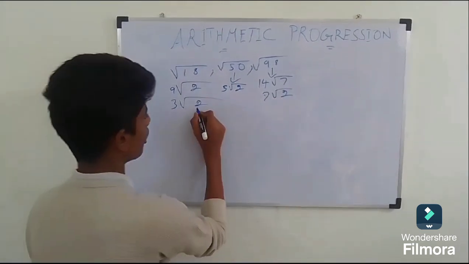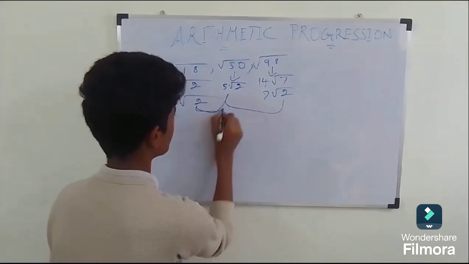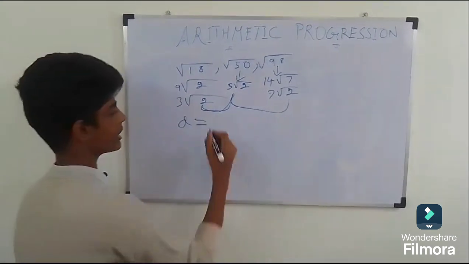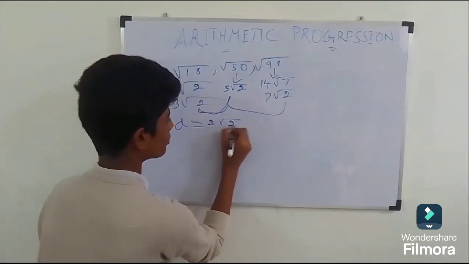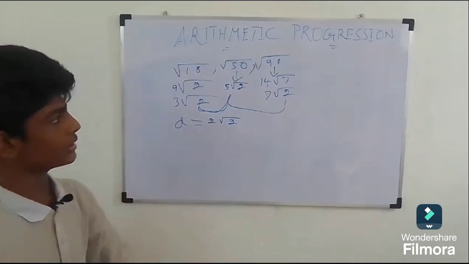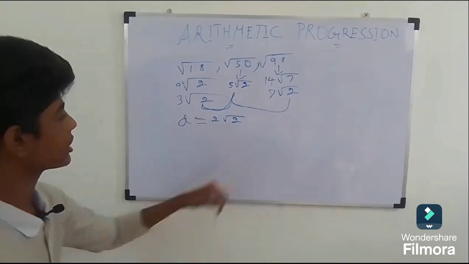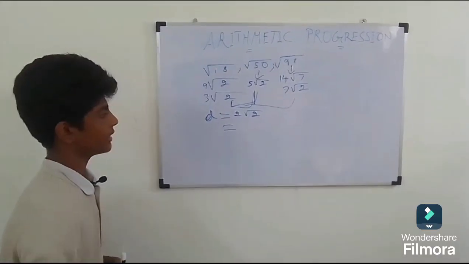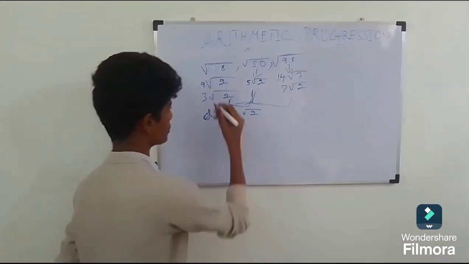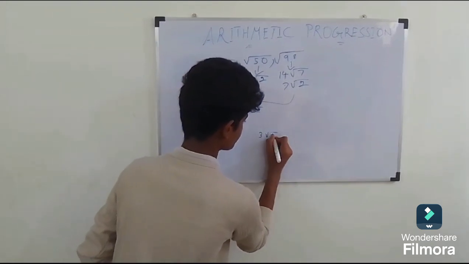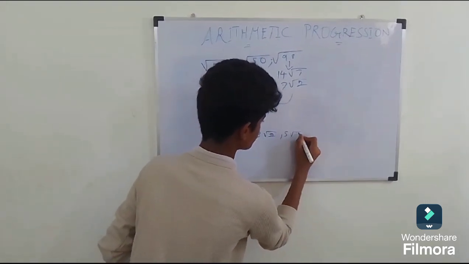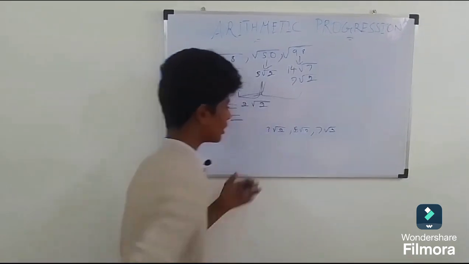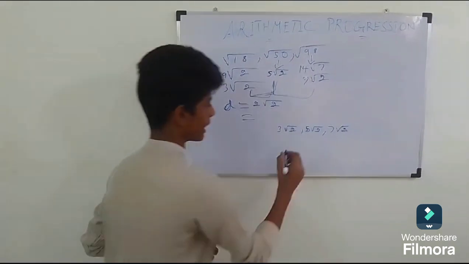Now if you take all of these square roots together, there's a common difference. The common difference is so simple to find. It is 2 square root 2, because you see 2 everywhere in the sum. So 2 square root 2 is the common difference here. If you take 3 root 2, 5 root 2, and finally 7 root 2, you can see the common difference by subtracting these.